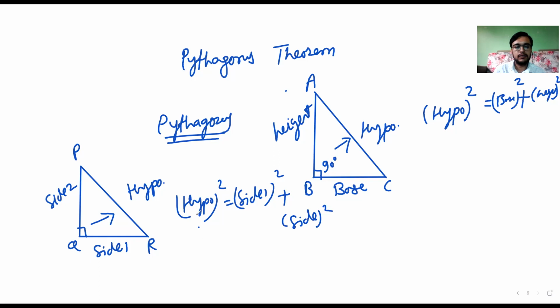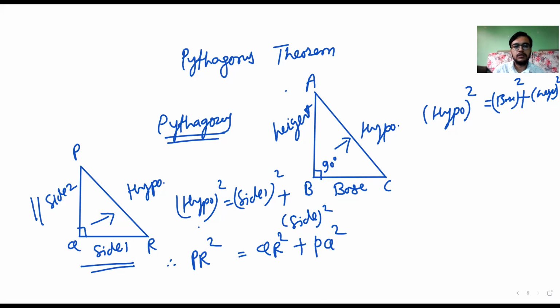Here the hypotenuse is PR. Therefore, PR square is equal to side 1, which is QR, so QR square plus side 2, which is PQ, so PQ square.